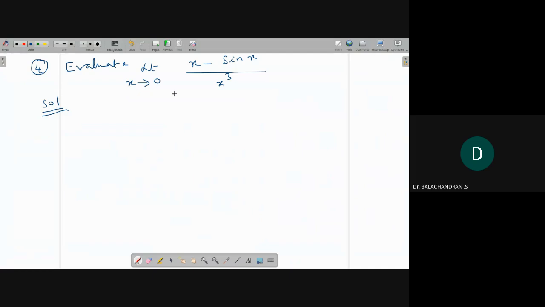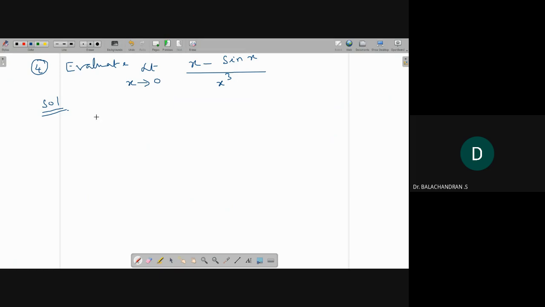Okay, but here you should use expansion, because this comes under expansion. But you can cross check your answer by just applying the limits or using L'Hopital rule, but you can't use it in the examination.